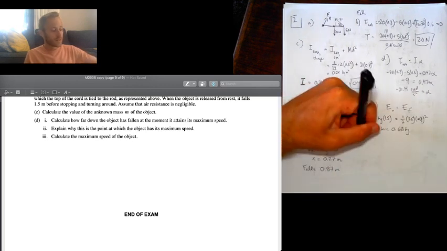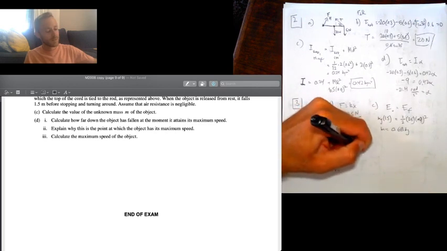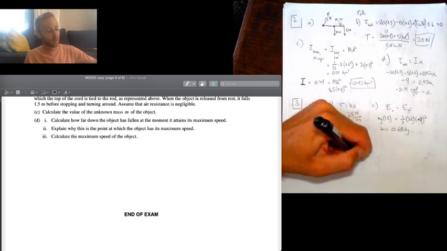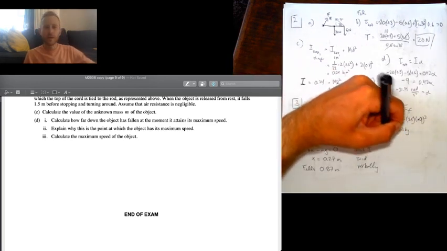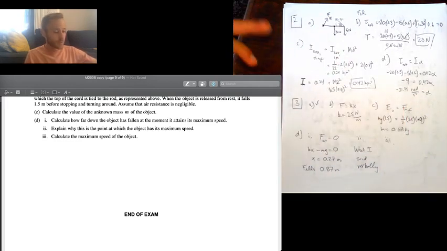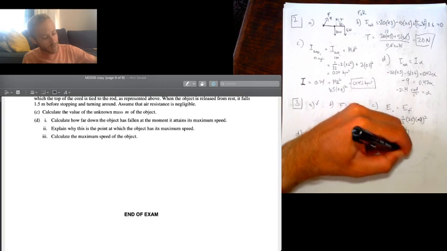Okay? I just explained why that is, verbally, and then calculate what that maximum speed is. So we're going to do the same type of calculation.